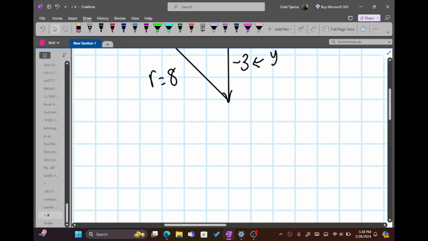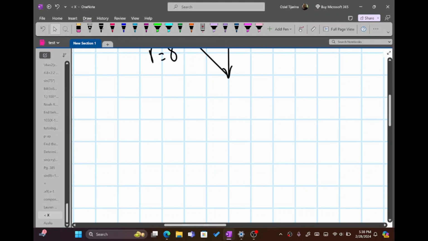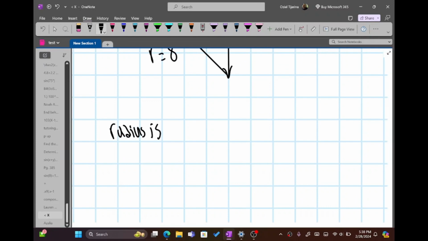The radius on a circle is the same as the hypotenuse. That's why we say r.